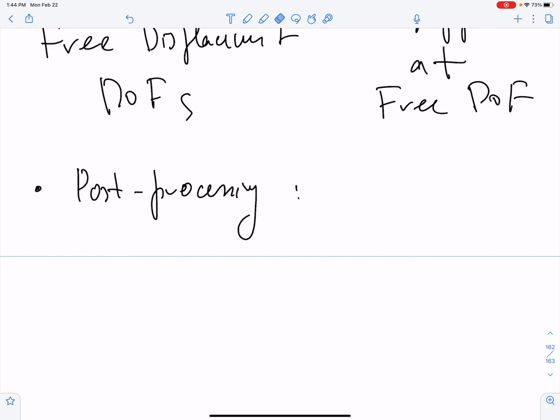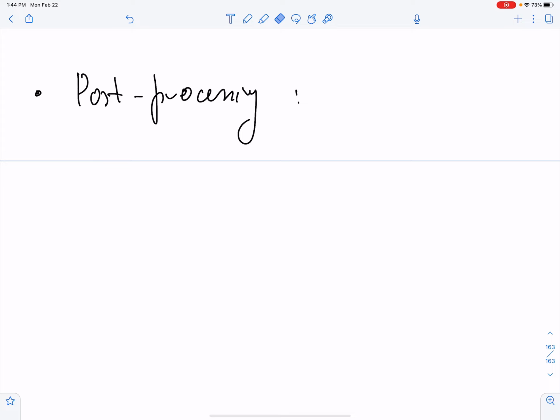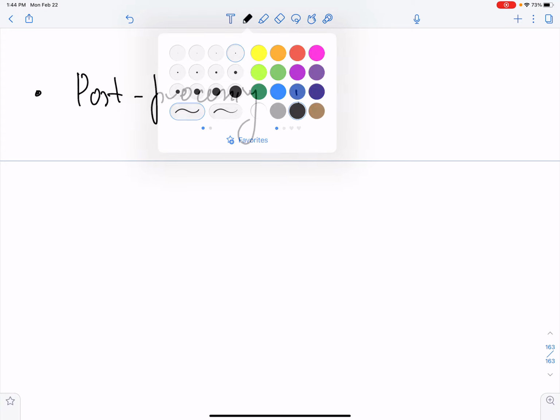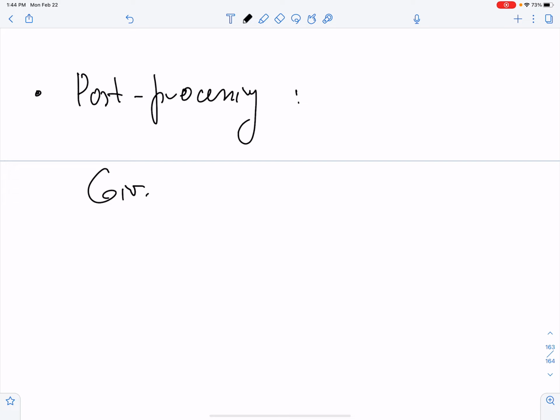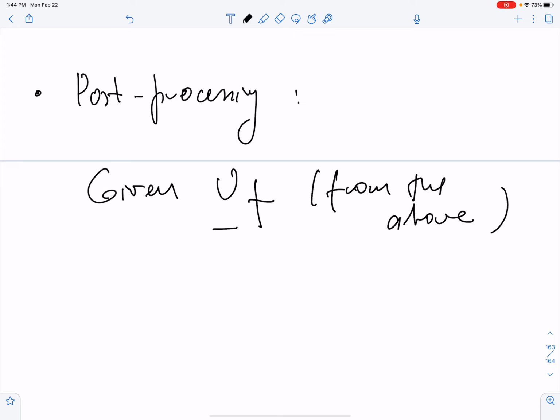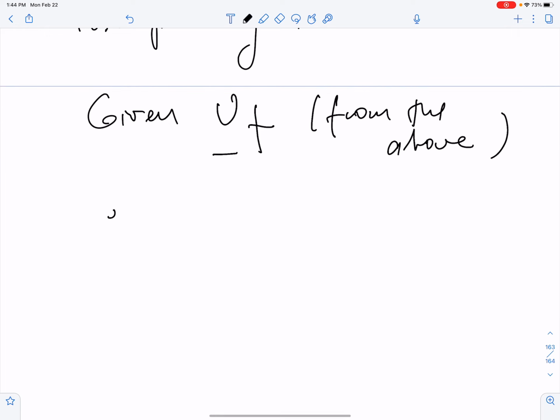Okay, where given UF from the above, you do resolve your structural system. You find the displacements corresponding to a set of loading conditions that you impose. Okay. Then you do two things, right?